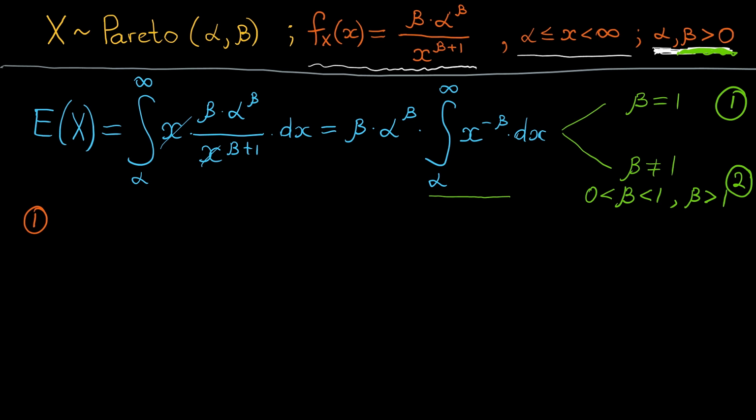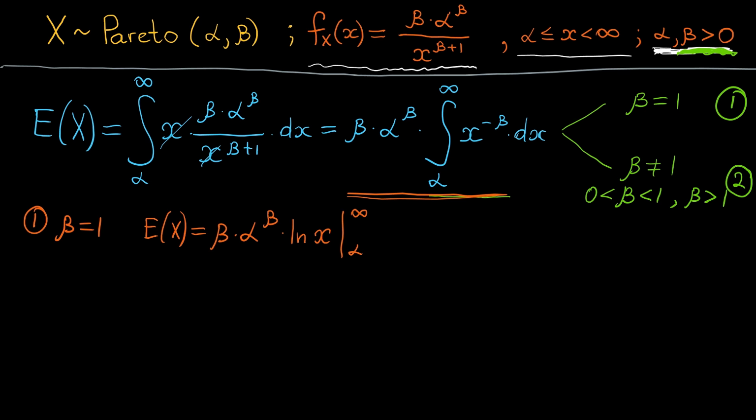So the case when beta is equal to 1. Then what is it that we get for this integral here? Well, then we get that the expected value of x is beta times alpha to the power of beta times, and now this integral just becomes the log of x, and this needs to be evaluated from alpha to infinity.